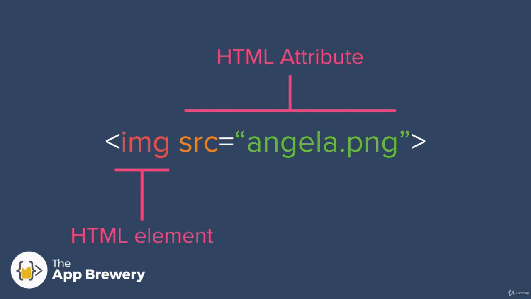You also need to specify the source, and that's the source of the image that will be displayed. So that can either be a URL, so it can fetch it from the internet, or it can be a local image that's included in the same directory as your website. So we're going to look at both types.